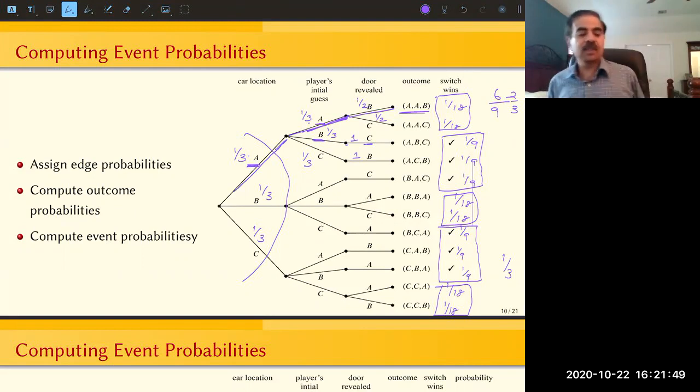But the surprising part is that if you did switch, your chance of winning went up to 2/3, which tells you, well, of course you should switch, right? Because it doubles your chance of winning, okay? So the point is that the problem looks quite confusing at the beginning, but when we systematically draw these tree diagrams, and then systematically reason through, the answer is very clear and convincing, right?